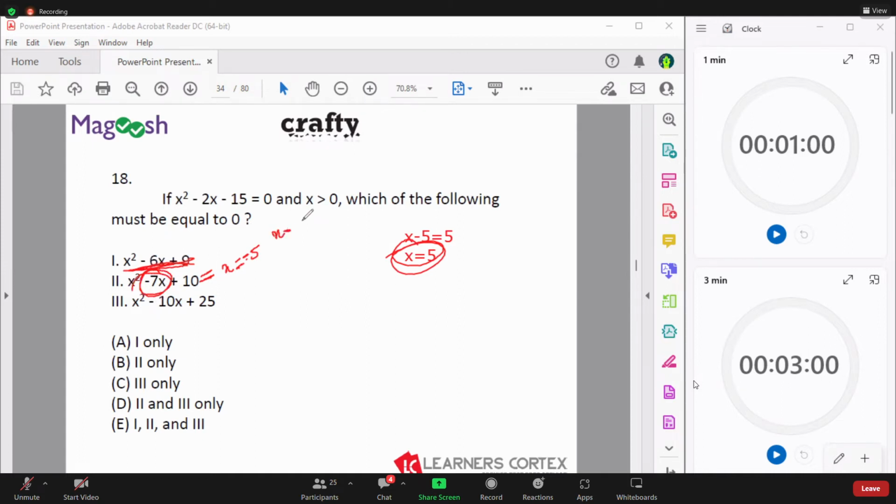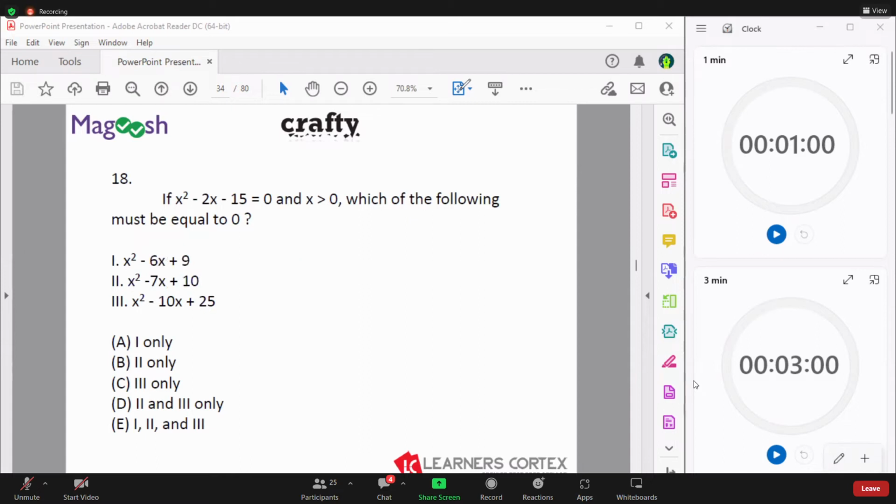So x minus 5 and x minus 2 are the factors, which gives x equals 5 and x equals 2. So this would be an equation which would have a root. Similarly, this would also be an equation which would have a root.